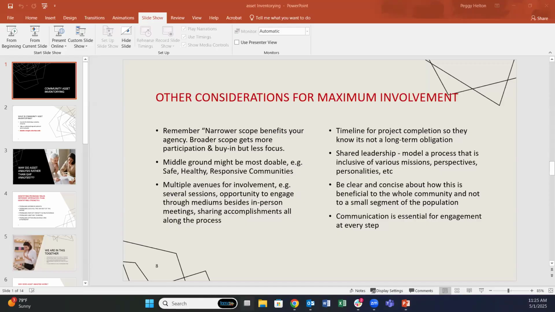Have some kind of timeline involved for project completion, so they know that it's not a long-term obligation. For example, a lot of people will commit to something if they know that you anticipate this project is going to take roughly 6 months, but it's not something that's in perpetuity.